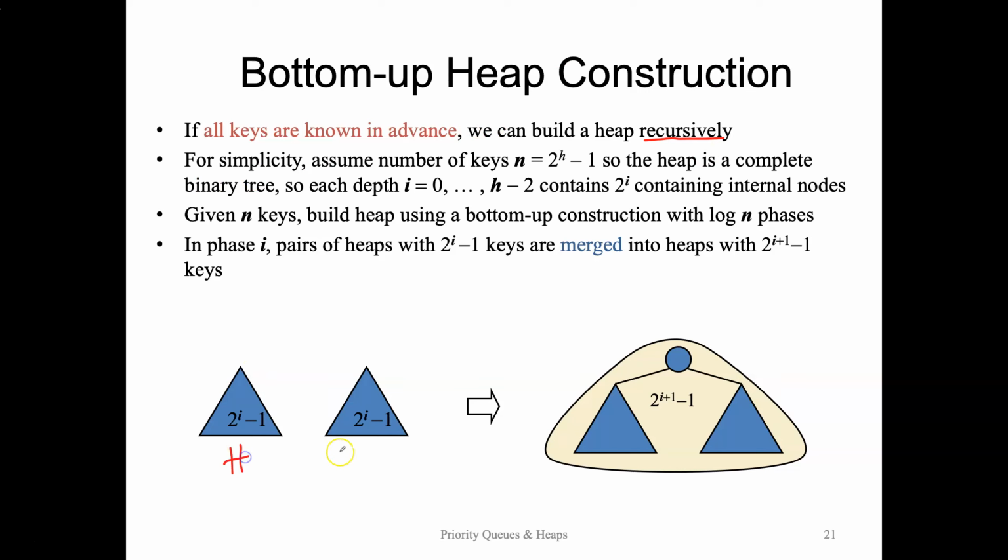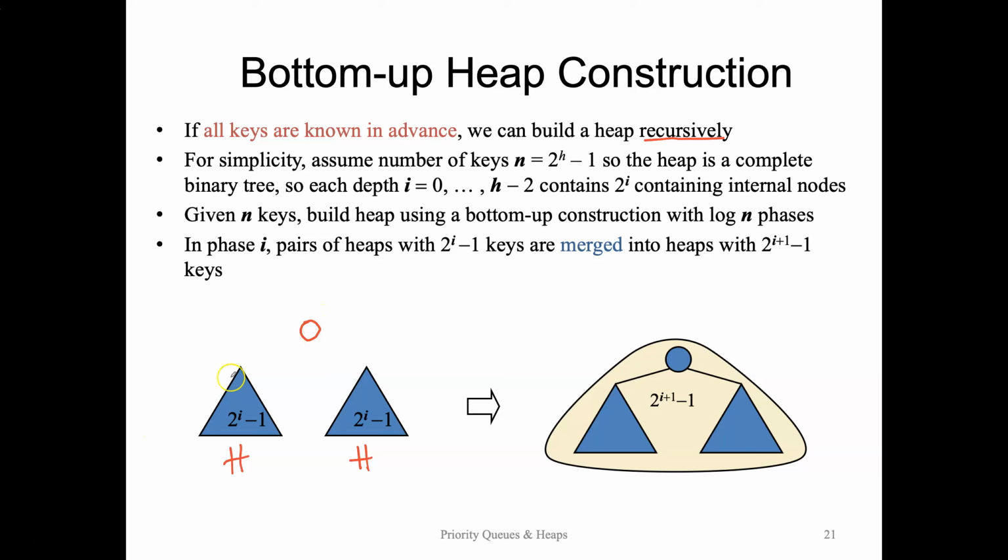So we have a left heap and a right heap, and we'll join this into one larger heap with some element here, which will be our root. So the idea is we know all of our keys in advance. We can start off by building a complete binary tree, and then from there recursively turn this into a valid heap. So let me show you an example of this first.